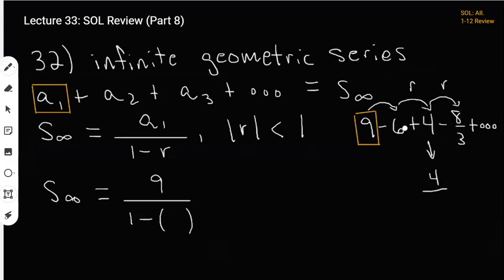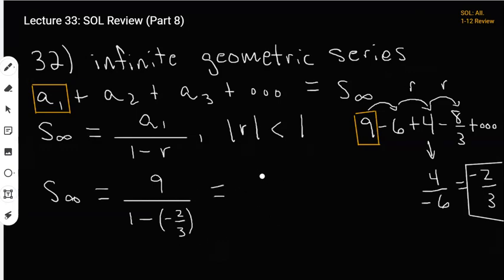I'm going to divide 4 by the number that comes before it, -6. And when I divide, I get -2/3. That's going to be my R value. So I put the -2/3 inside the parentheses right there, and I work on the bottom of the fraction next.